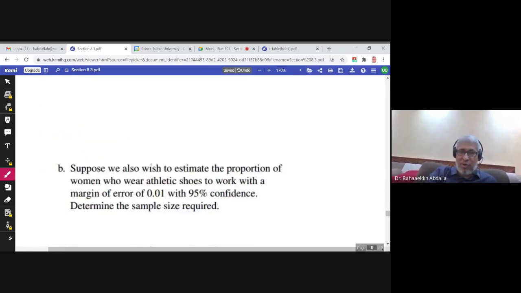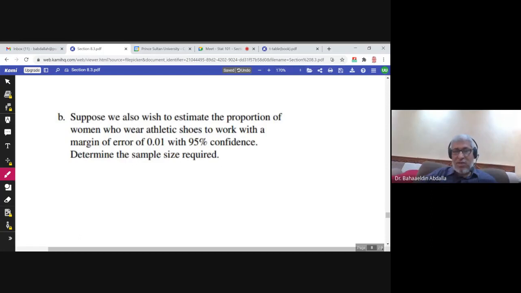That's the first part. The second part, suppose we also wish to estimate the proportion of women who wear athletic shoes to work with margin of error 0.01, so this is E, and 95% confidence, so Z is 1.96. Determine the sample size required. So we need to determine the sample size required, which by formula is Z squared times P times 1 minus P over E squared.